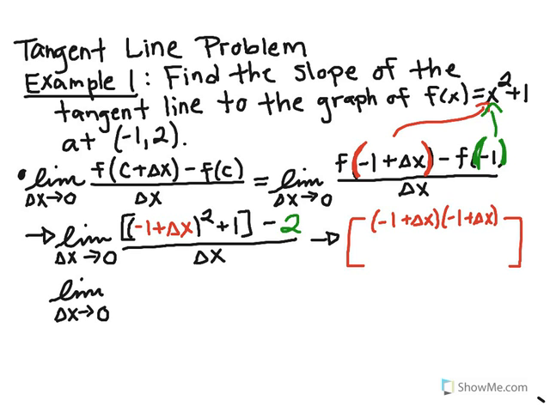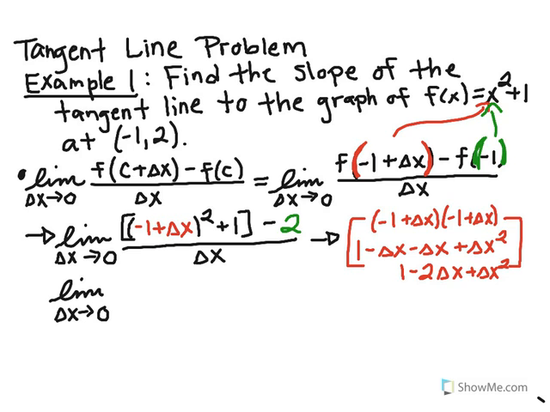That's all that means. So we're going to do our foiling process. Negative 1 times negative 1 is positive 1. And then our outers is negative 1 times delta x, which is just negative delta x. And then my inside terms give me another negative delta x. And then lastly, I have delta x squared. Combined, this gives me 1 minus 2 delta x plus delta x squared.